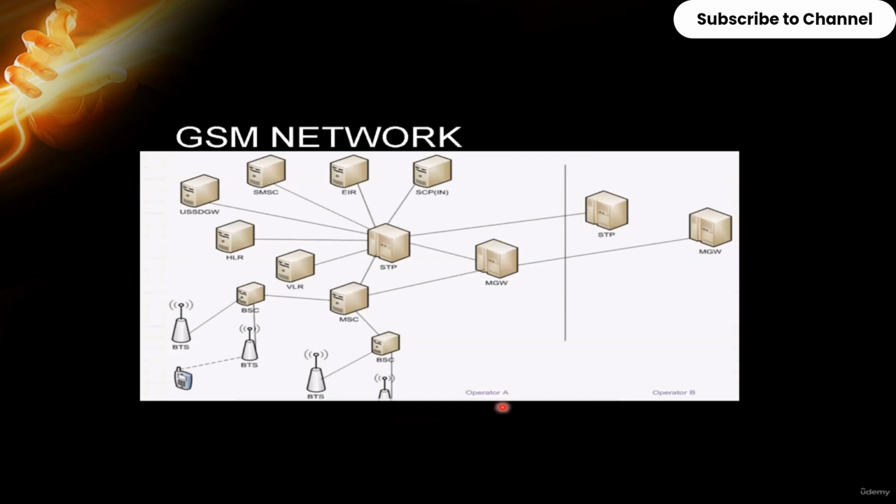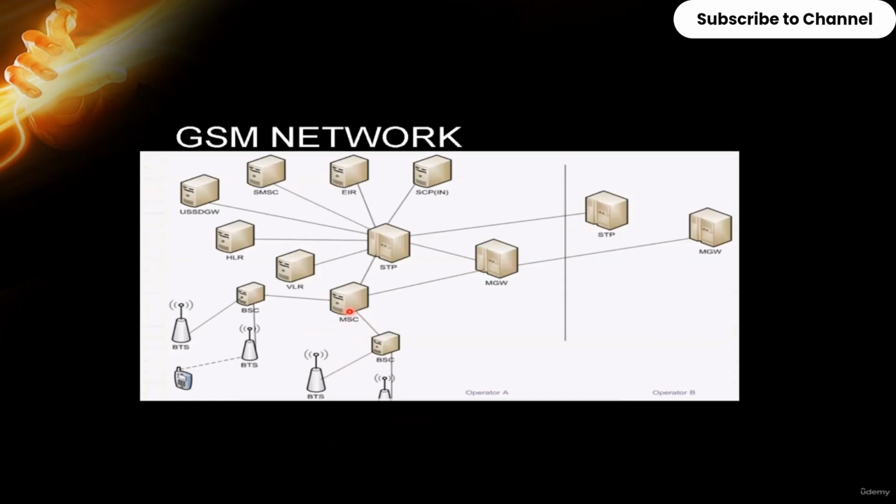As we already saw, a GSM network needs a BTS, the base transceiver station. Here it has a BTS, then a base station controller, which is used to control the mobile devices, and the mobile switching center.